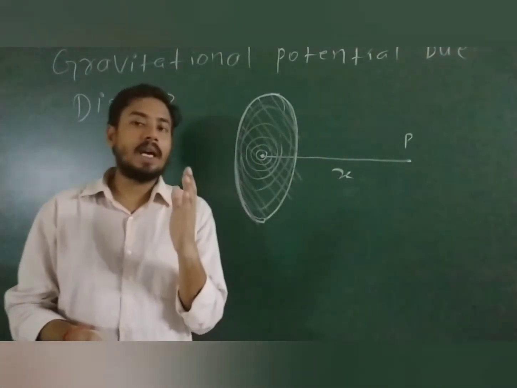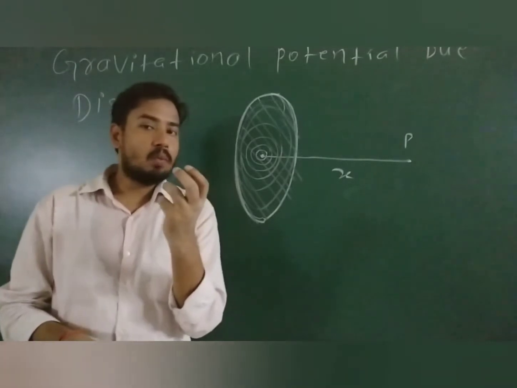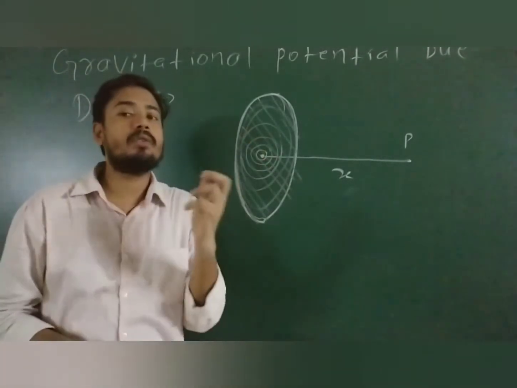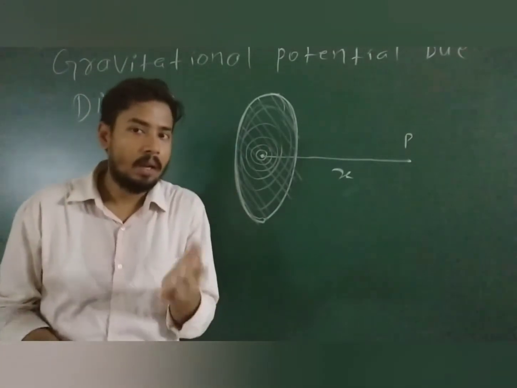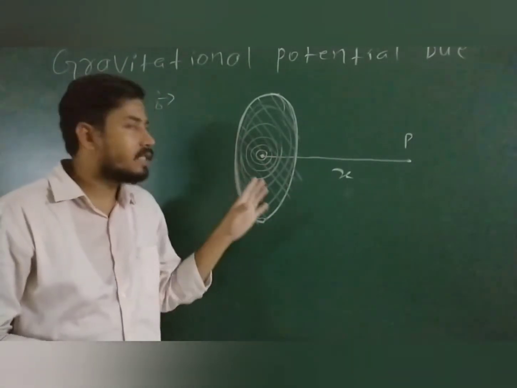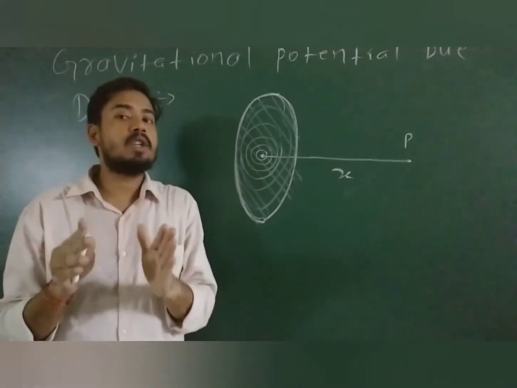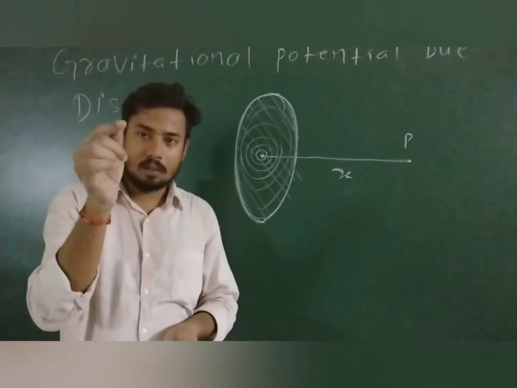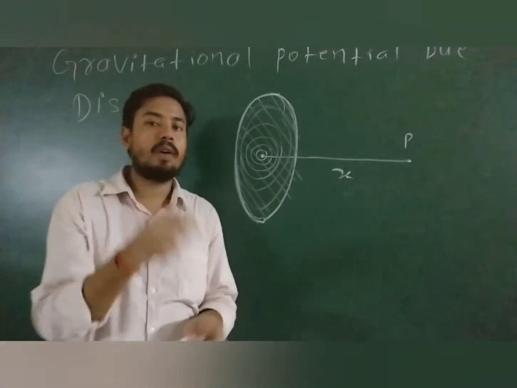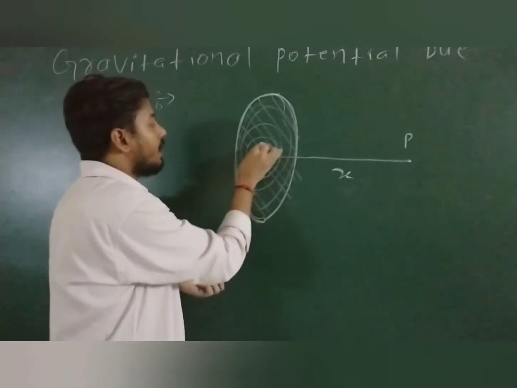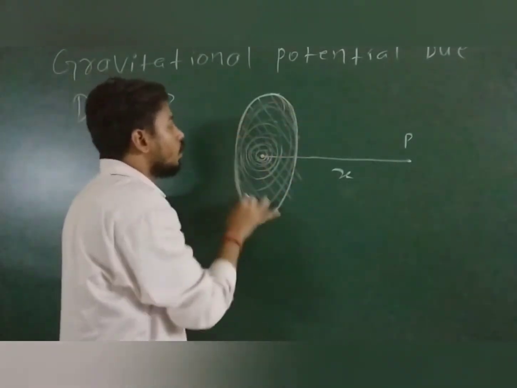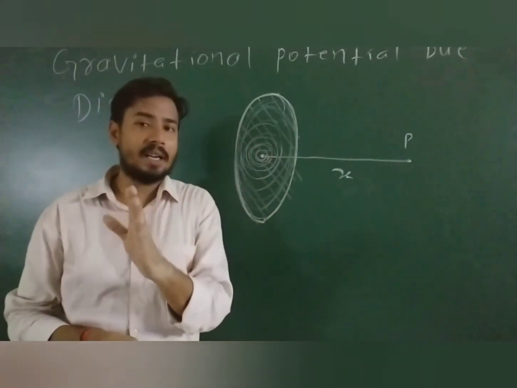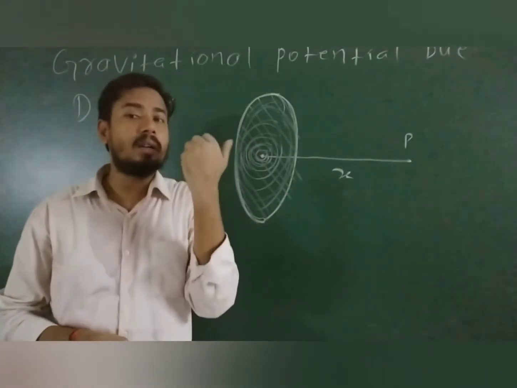A disk is basically made up of a combination of a lot of rings of various radius. Take one slice of onion and you will find that rings start coming out like that. So we can assume the disk has an elementary part, the ring, and we know the gravitational potential of a ring.